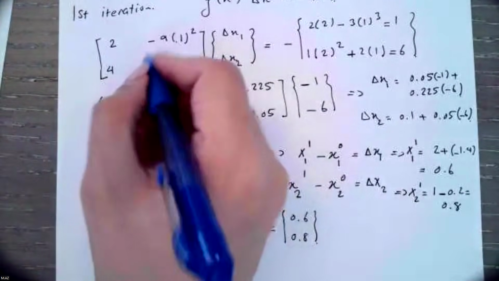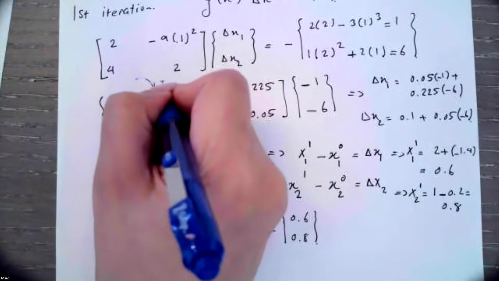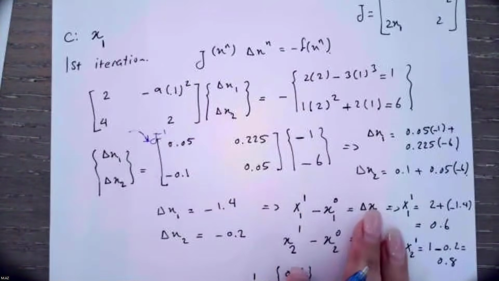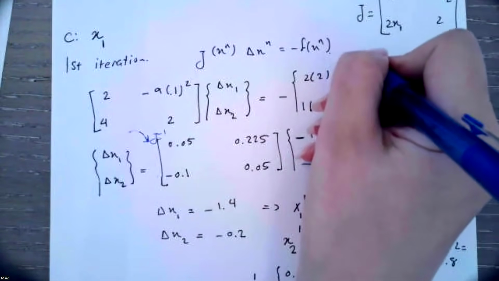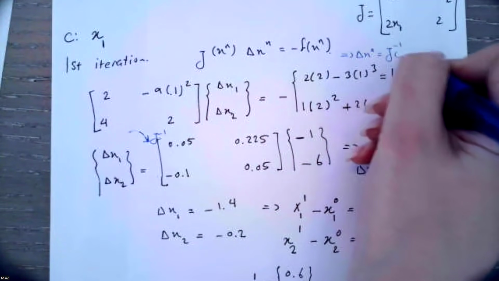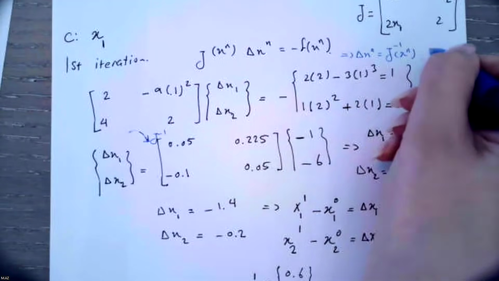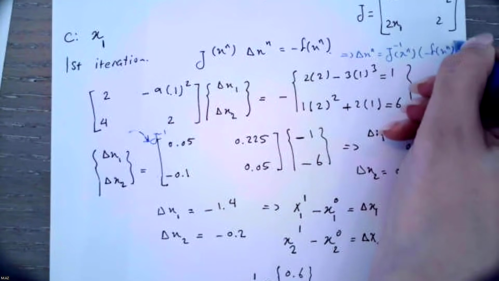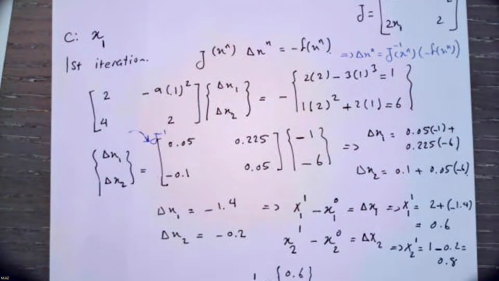Again, this is the inverse of the Jacobian matrix, because for finding delta xn, we need the inverse of the Jacobian matrix times negative of f of xn.